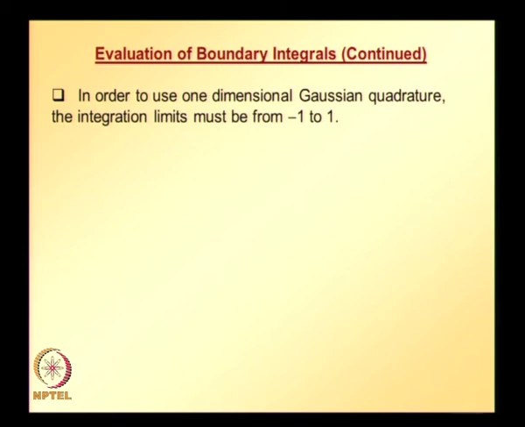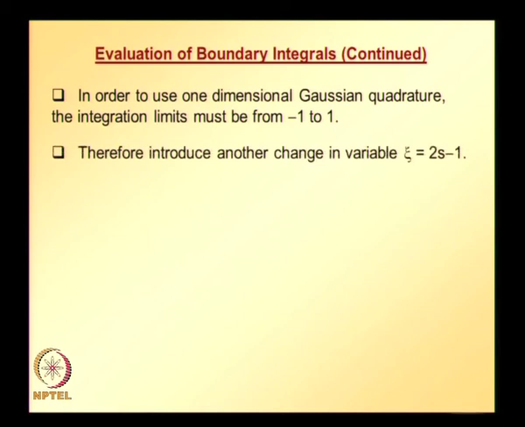In order to use one dimensional Gauss quadrature, integration limits must be from -1 to 1, whereas s is going from 0 to 1. Instead, if we define another variable which goes from -1 to 1, so we are introducing a change of variable, psi is defined as 2s minus 1.